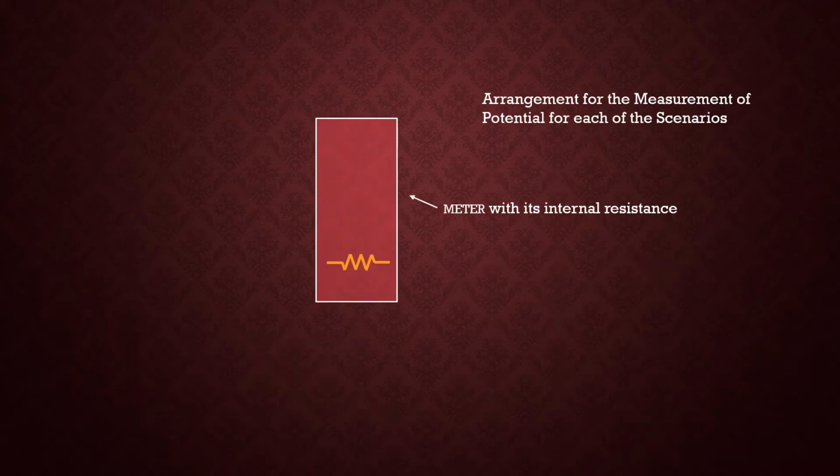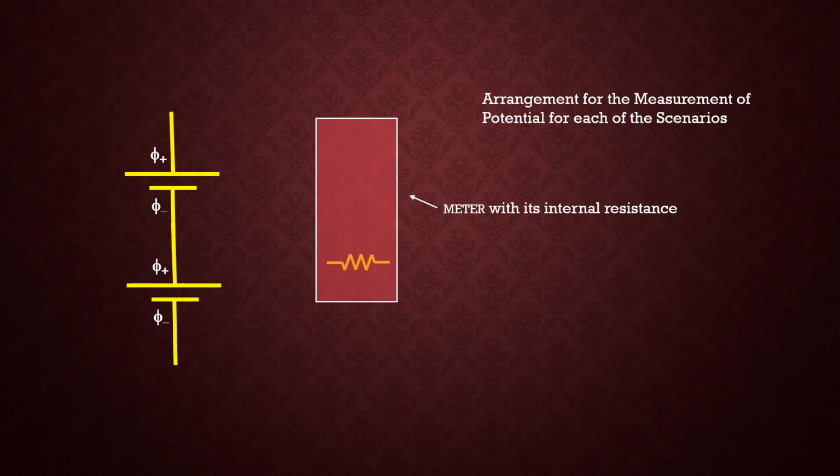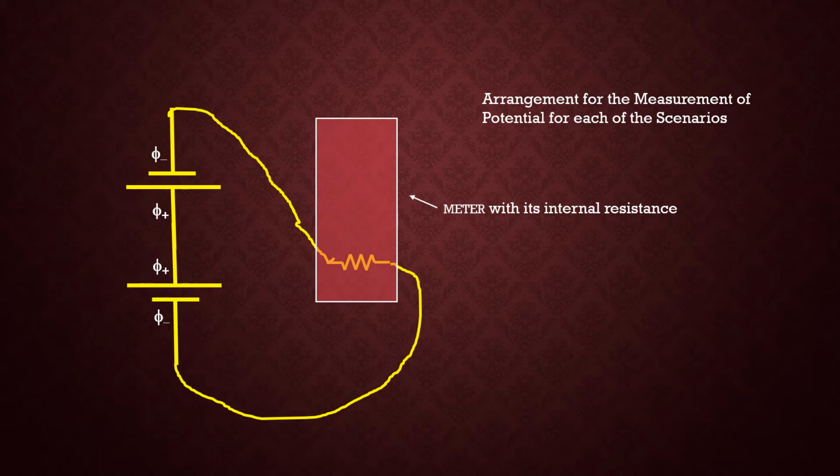If I look at the measurements for each of those scenarios I had in the previous slide, I have the series voltage sources, I connect them to the meter, and I would get the doubling of the individual sources as I predicted. If I look at the flipped version of that, where I have the two voltage sources plus to plus, then I see how I can get in the circuit a 0 potential.